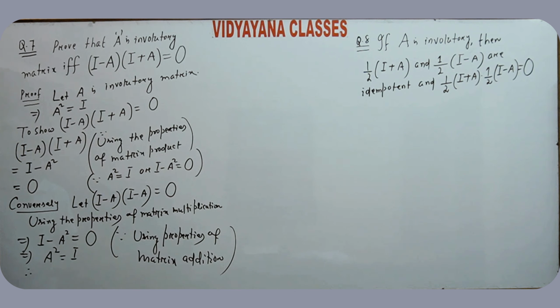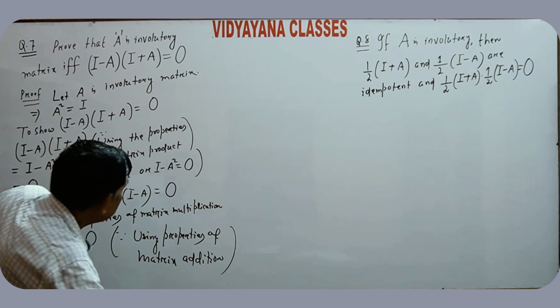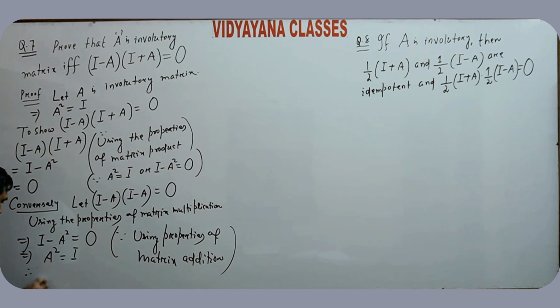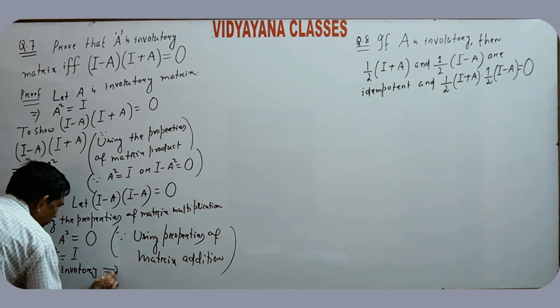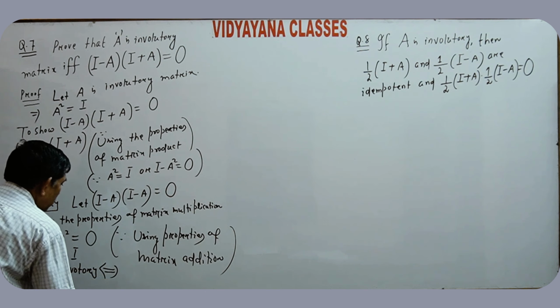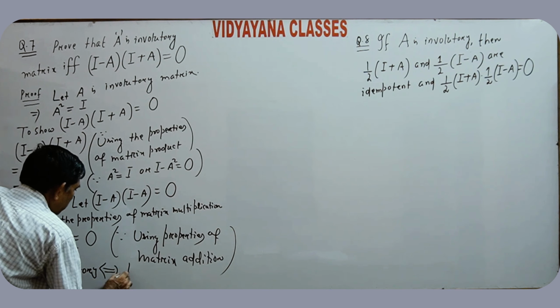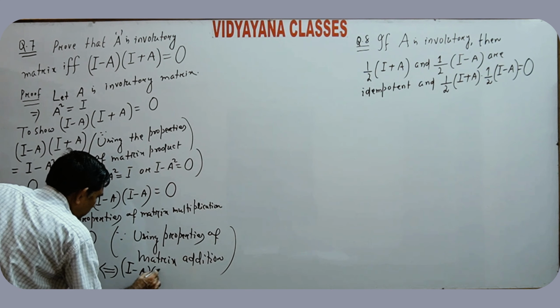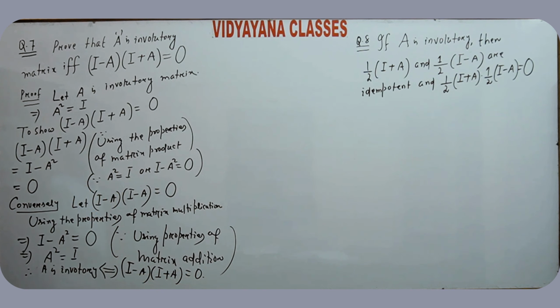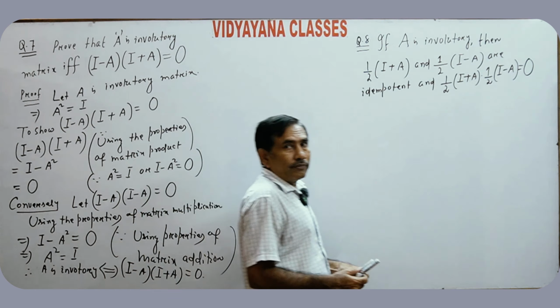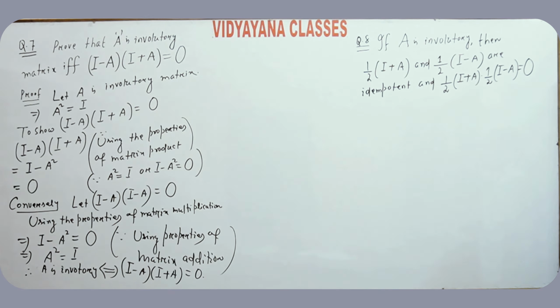Therefore, A is involutory implies and implied by, that means if and only if (I minus A) into (I plus A) is equal to the 0 matrix. Clear? Okay. Next question number 8.